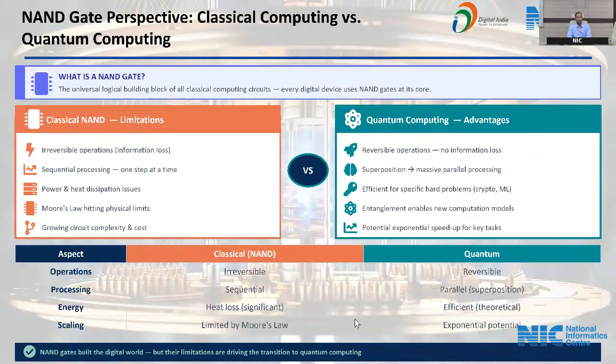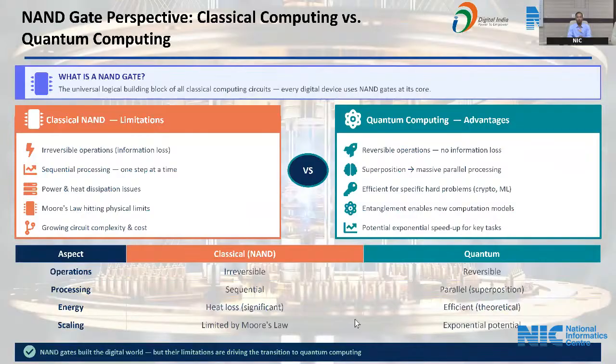And the physical limit is set by Moore's law, which says that as the number of transistors on a chip is doubled, the rate is halved. So there is a limit to the number of transistors in a chip. Again, growing circuit complexity and cost will always be there.